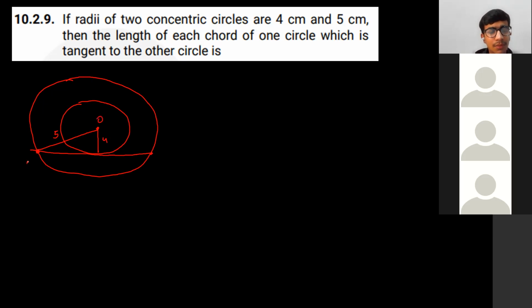So let's say O, A, and B. First you'll write that OB is perpendicular to AD, and you'll write the reason: OB is perpendicular to AD because AD is a tangent to the smaller circle.